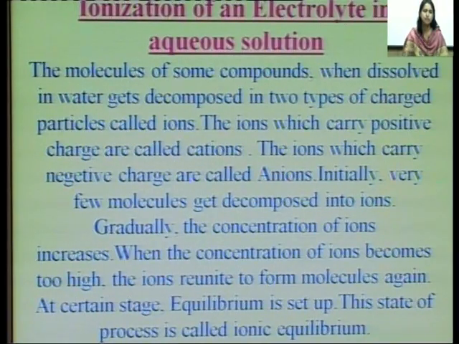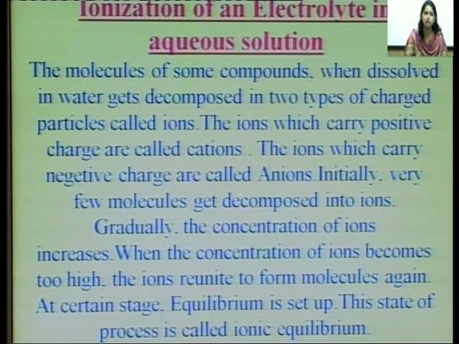So, first of all the molecules are decomposing into ions, then at one concentration some ions are combining with each other to form molecules again. At this stage equilibrium is set up, when the number of molecules which are breaking is equal to the number of ions which are combining to form the molecules again.